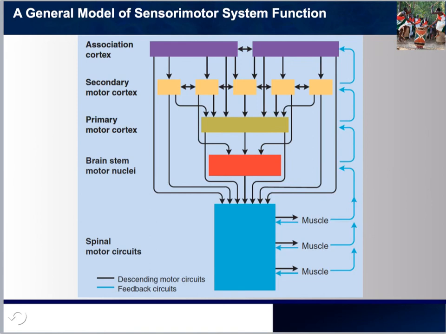But if you find that it is something that could harm you or could hurt you, we could then see a more aggressive response, and that would be a response that would come down from the association cortex, secondary, primary, brainstem motor nuclei, eventually the spinal motor circuits that would act in response to that threat.